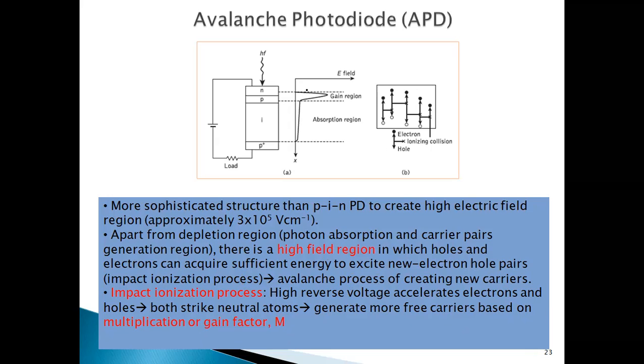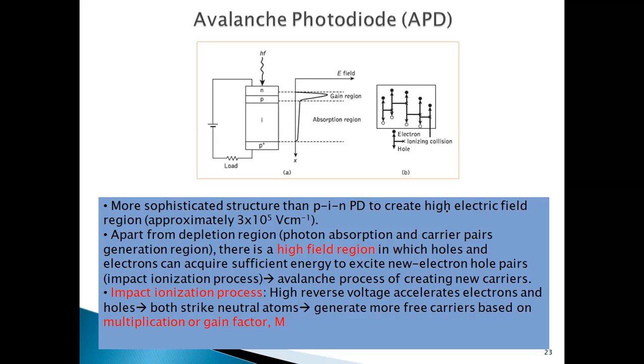Okay, so we can see that for this particular case, we have a high gain region, where there is a high electric field region at this particular N and P region. And there is an absorption region where the photon is absorbed at this particular position. This is the normal process of photon generation, and the process of impact ionization is produced at this high gain region here.